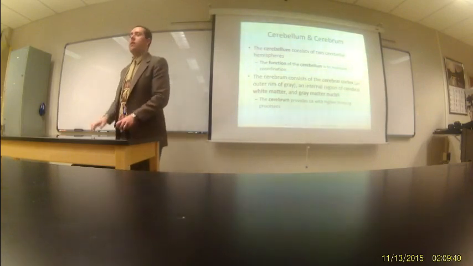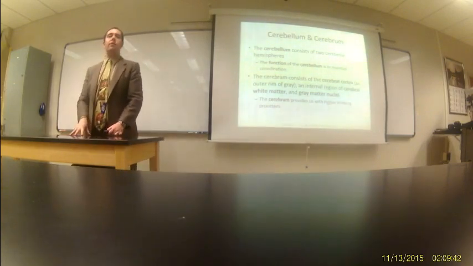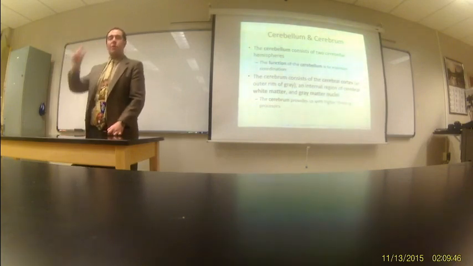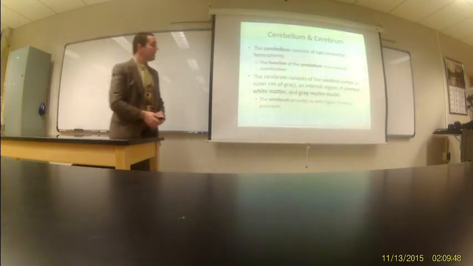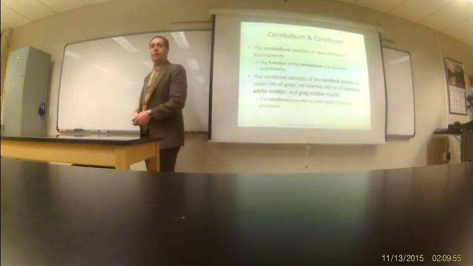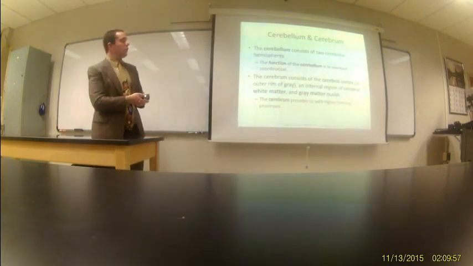And so when people say the brain is gray, not pink like they draw it on cartoons, it's actually on the outside, but the outside is the only part you see. The inside is white matter, and so it is mostly white in color. There's also some gray matter inside.